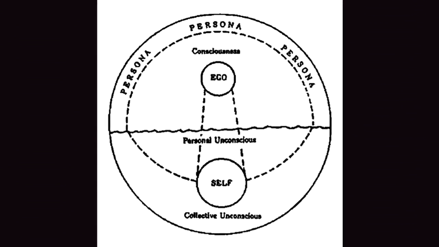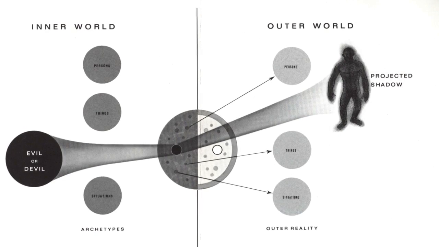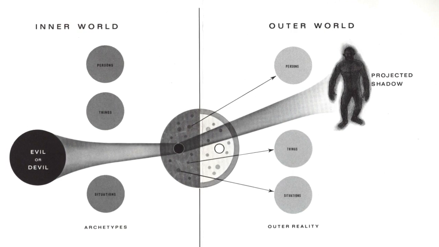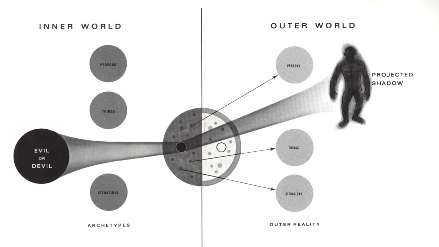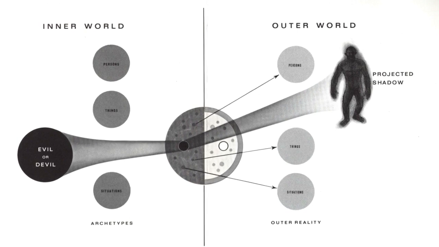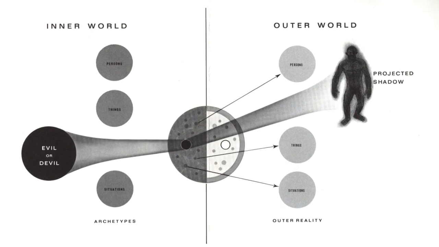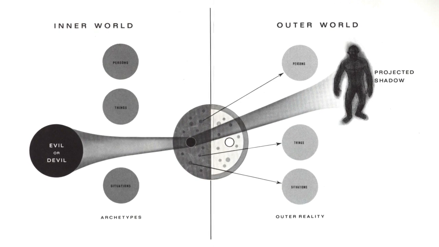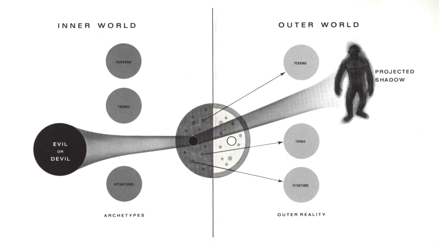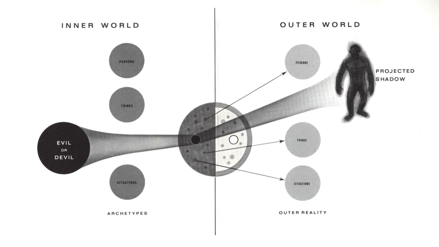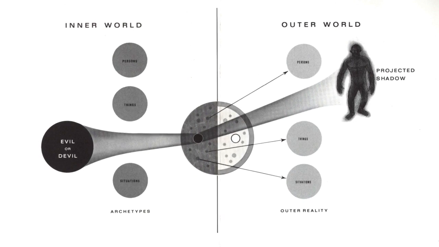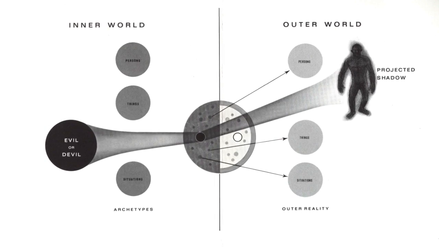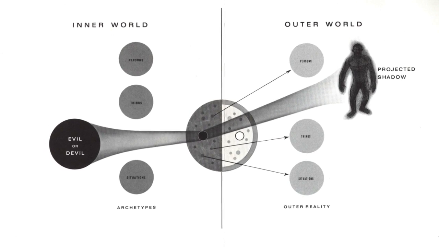The second stage involves integrating the shadow and learning to regulate the energies of the collective unconscious, and especially the energies of the archetype of the self. Jung focused a great deal of his work and of his energy on studying this second stage of individuation. Much of ego psychology and the psychology that we see in mainstream, non-Jungian therapies focuses largely on this first phase of life.